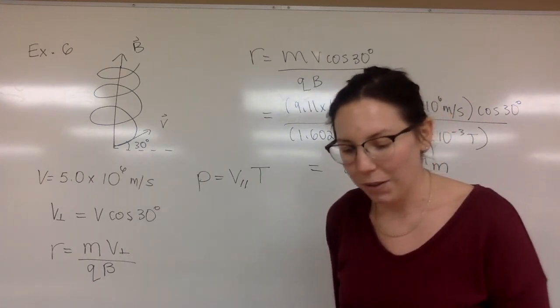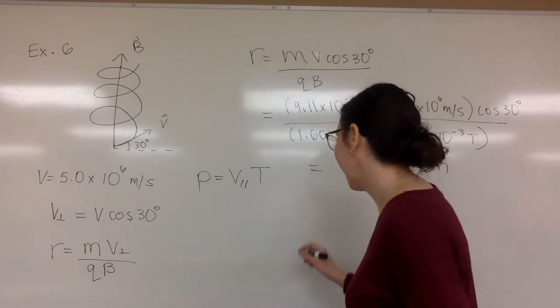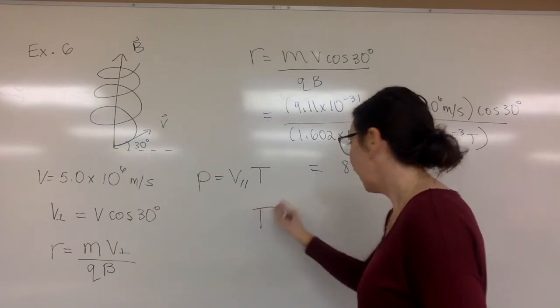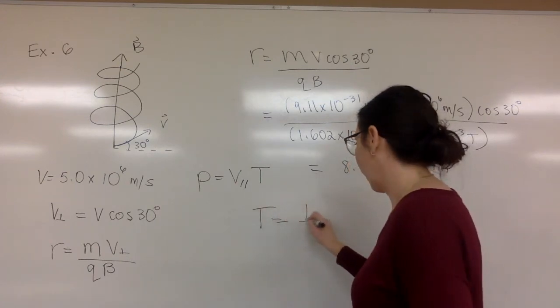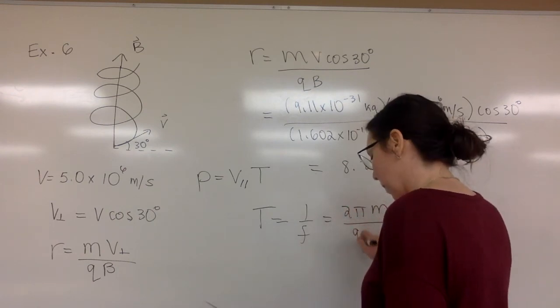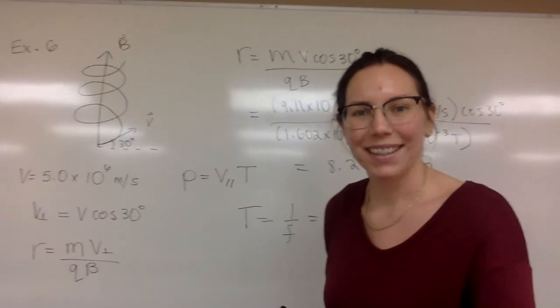So in order to calculate the period, we'll need, again, 1 over the cyclotron frequency, which I did in the last question. So here the period is going to be 1 over f, which was 2 pi m over qB. So let's calculate that first.